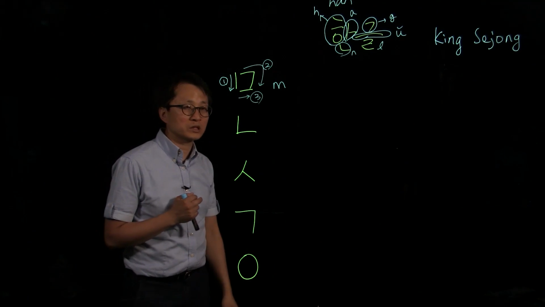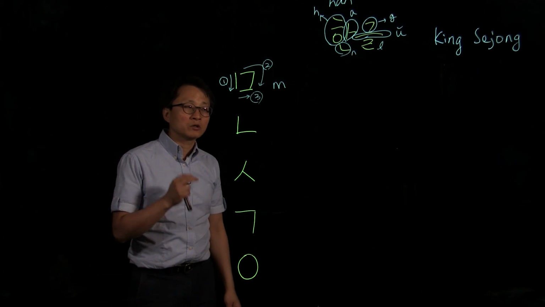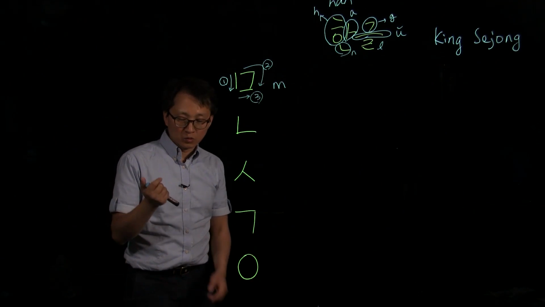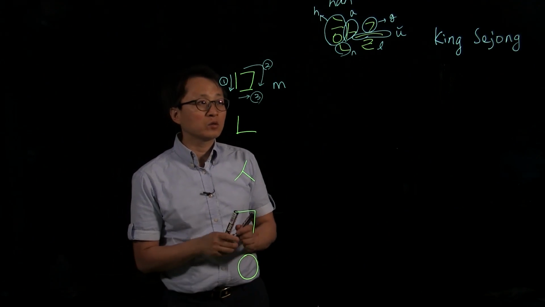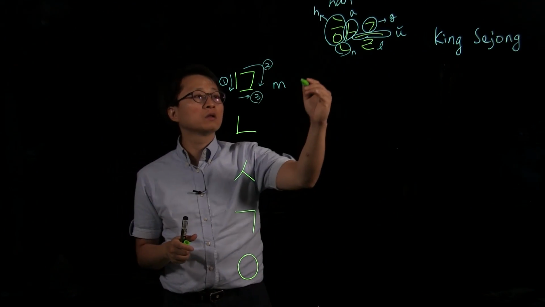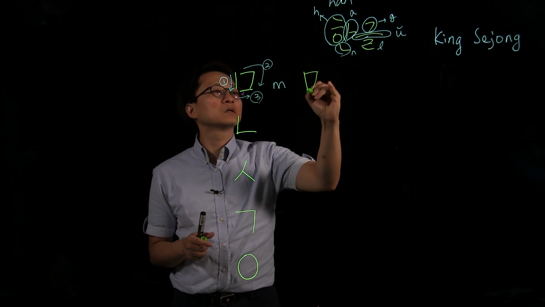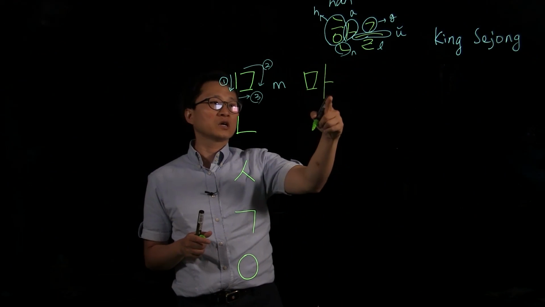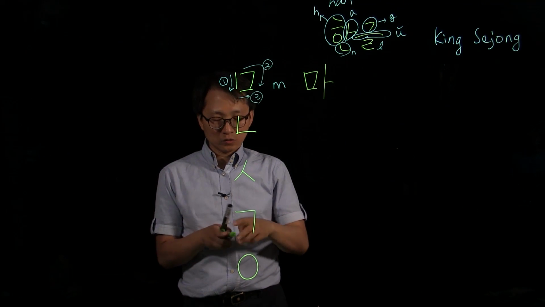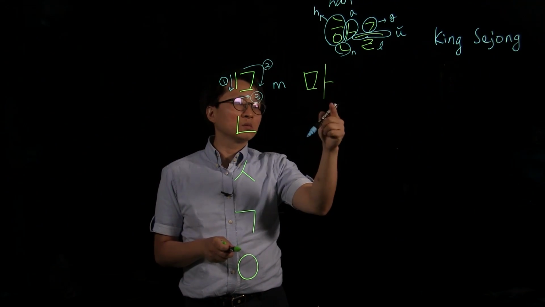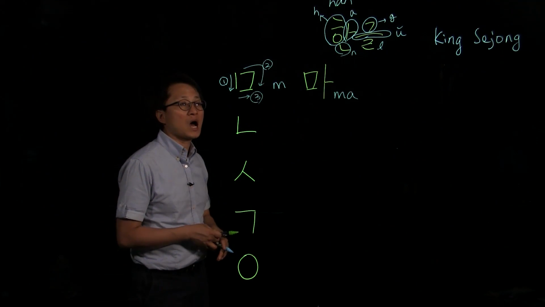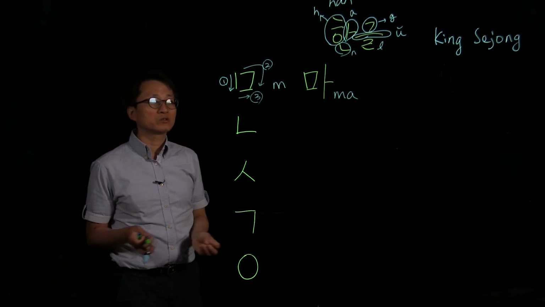The consonant itself is difficult to pronounce. So if we add one vowel like this, now we can pronounce this. You know the sound value of this, right? So how do you read this syllable? 마, 그렇죠? 마. So you can already pronounce a Korean syllable.